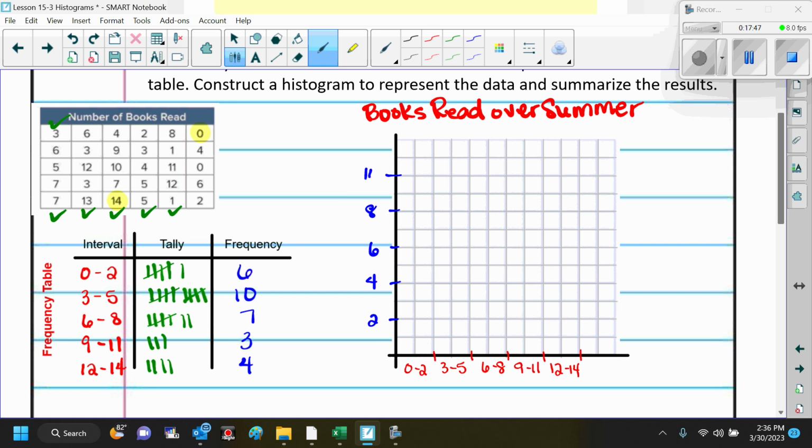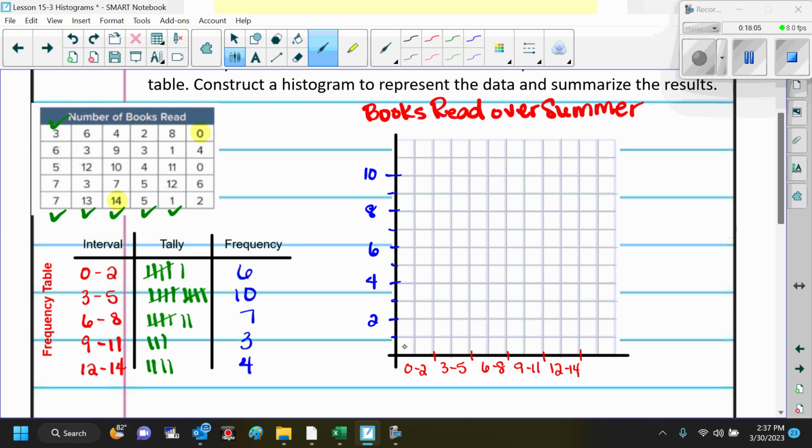I know it looks like we're counting by twos, but if you look, we still have a line in between, right? So there's 1, 2, 3, 4, 5, 6. So you have to make sure you pay attention to your labeling, okay?